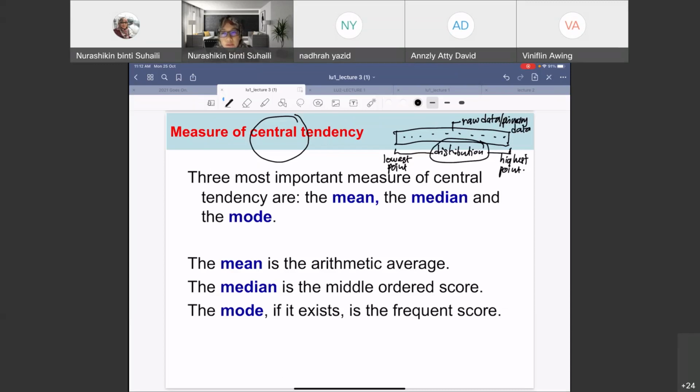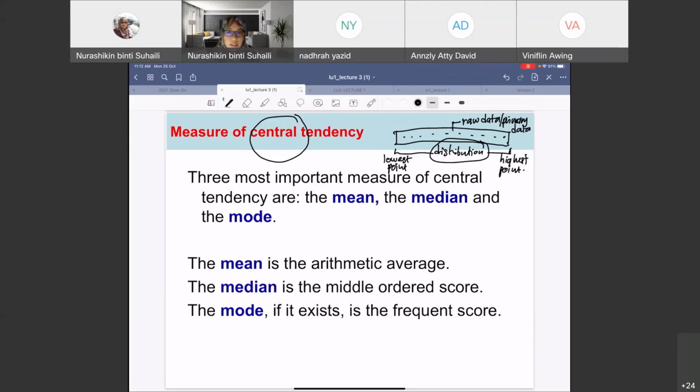When you treat your raw data, you have to calculate certain things, certain parameters, certain variables, right? So for example, the easiest ones, you want to determine the mean, the average, the median, the mode. So this is going to be covered under central tendency.